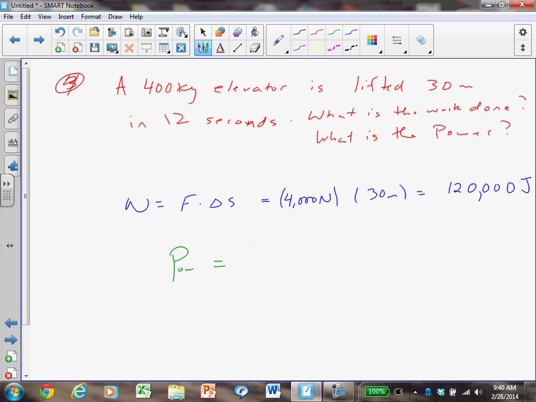Power is work over time. We already found the work, and the time was 12 seconds. 10,000 watts. What is it measured in, Aiden? Watts.